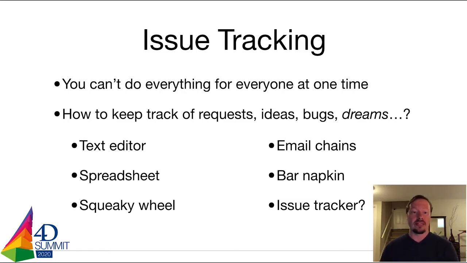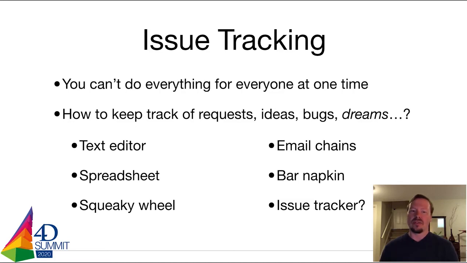Anything from a text editor with just a big ongoing list of stream of consciousness, or a spreadsheet, which is always nice to keep things better organized. You just take care of the squeaky wheel, as they say, the loudest person screaming at the moment. Is that what gets priority?